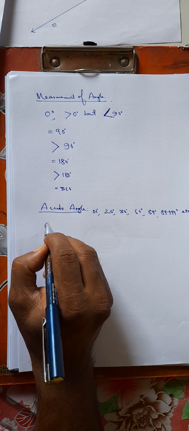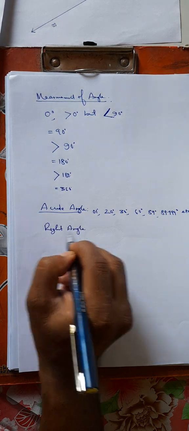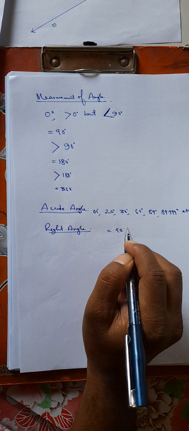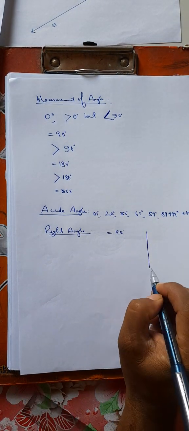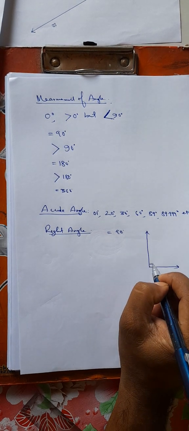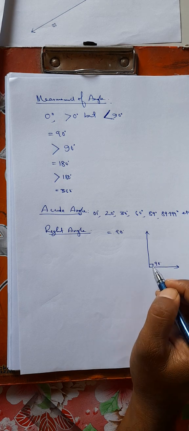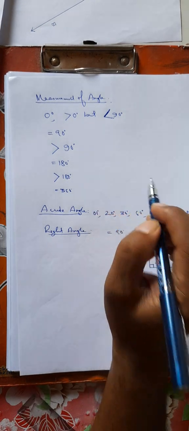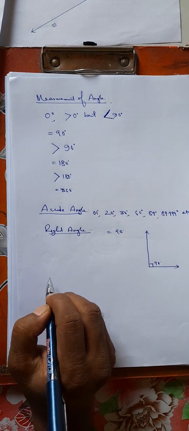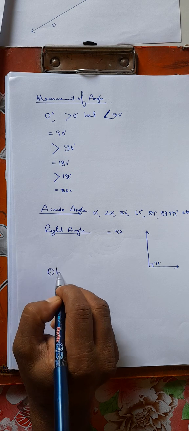Now a right angle, which is equal to 90 degrees, is called a right angle. A right angle is like this. We use this symbol. This is 90 degrees. So a right angle means 90 degrees. An acute angle means less than 90 degrees. And an angle can be more than 90 degrees also, that is called an obtuse angle.